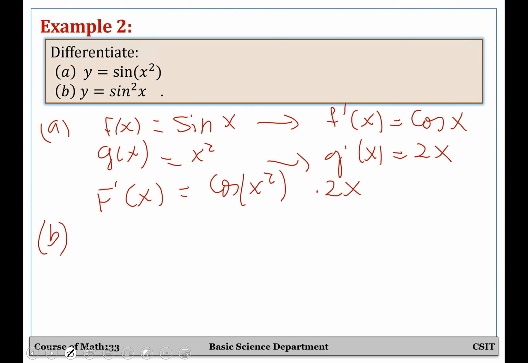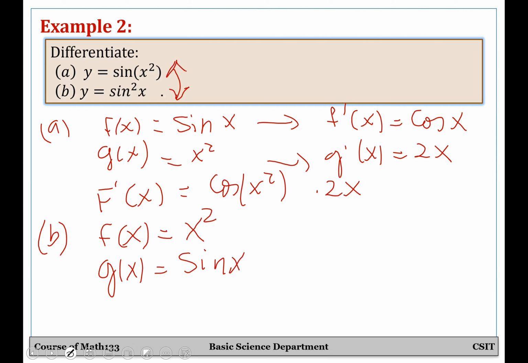For b, you will choose f of x equal to x squared and g of x equal to sine x. You see the difference between example 1 and 2. The choice of f and g is very important.